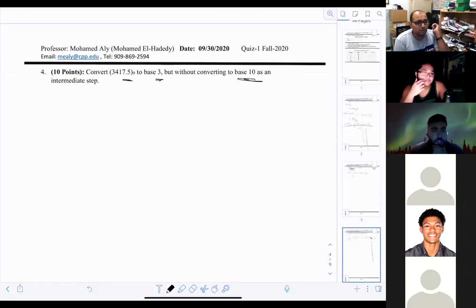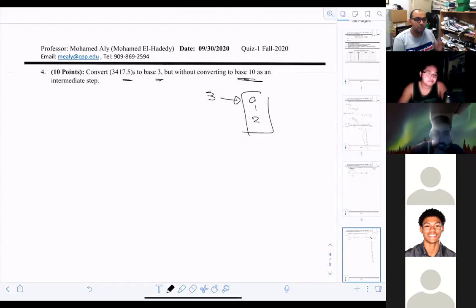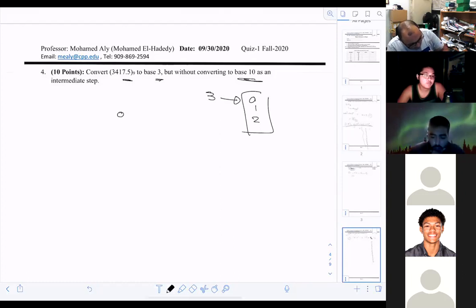Let's see what this means. In base 3, the number per digit is going to be 0, 1 and 2. Those are 3 numbers, right? If I would like to get 9, 9 is what? 0, 1, 2, 3, 4, 5, 6, 7, 8, 9. 9 does not exist as a digit because those are 9 numbers, so 0 to 8.